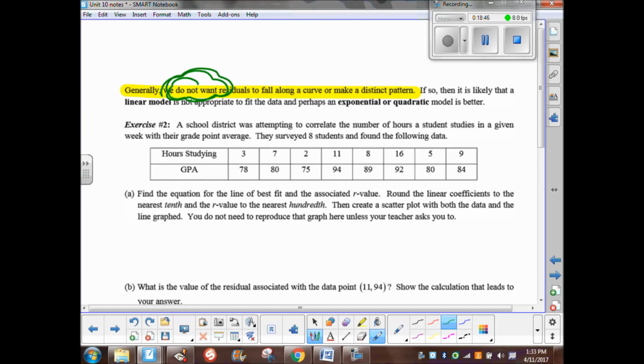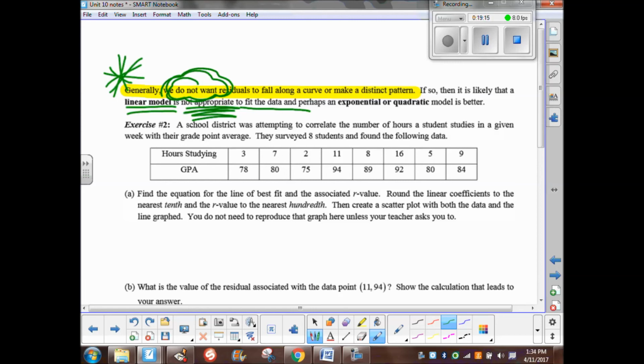If so, then it is likely that a linear model, or the model that we picked, is not appropriate to fit the data. And perhaps something else is better. Okay. Good with that? This and what we summarized on the first page are the same thing. They're saying the same thing, just another way.